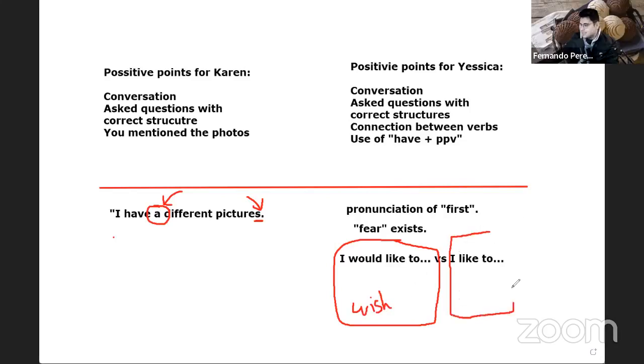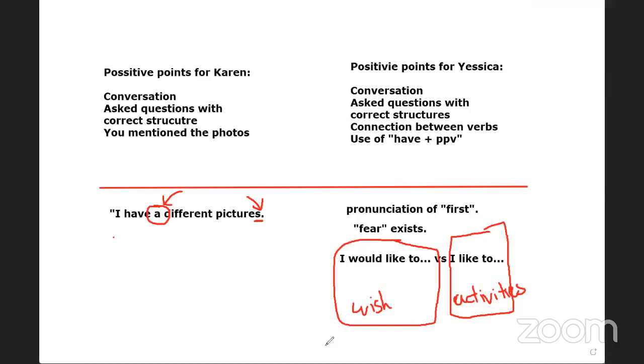And I like to, you are talking about activities. Were you talking about wishes or activities? In the example with the pictures, I think that I was thinking about the wish.